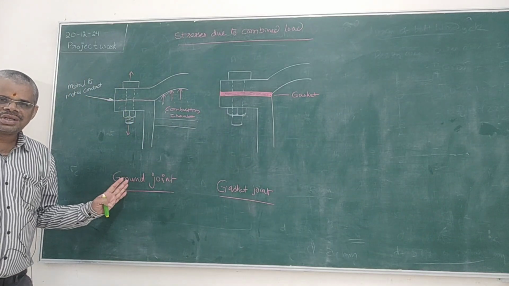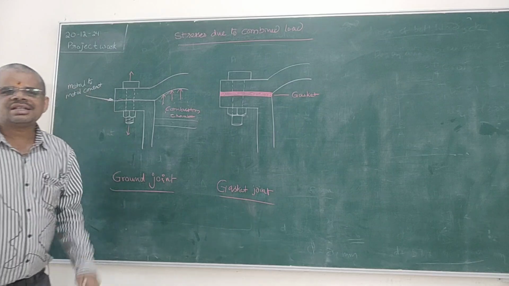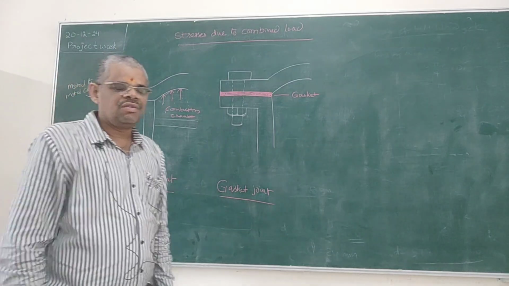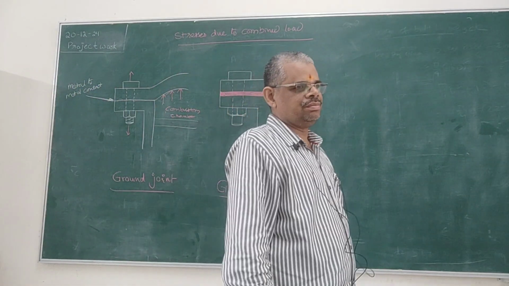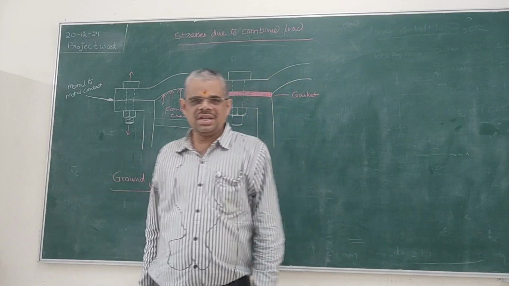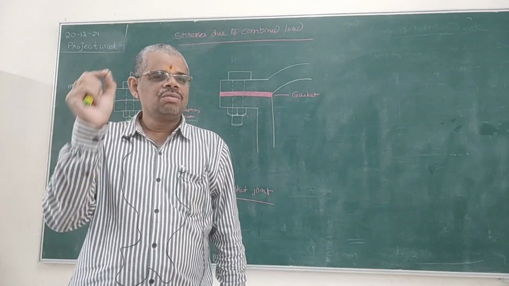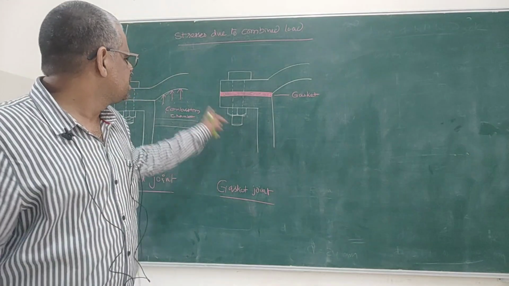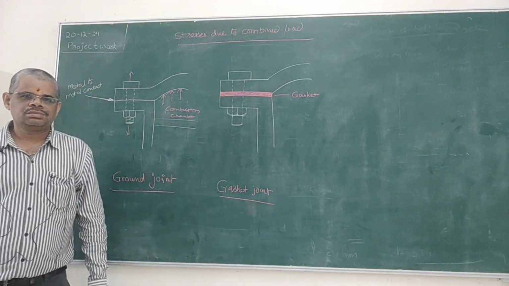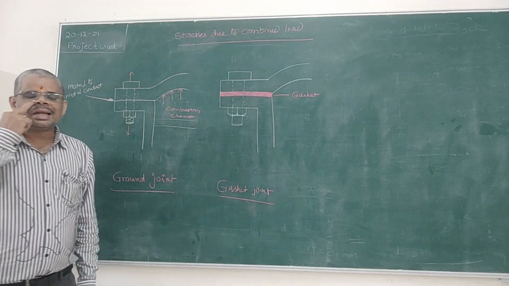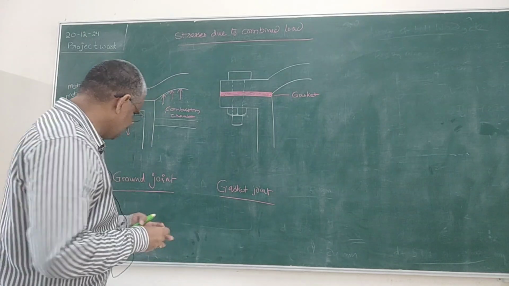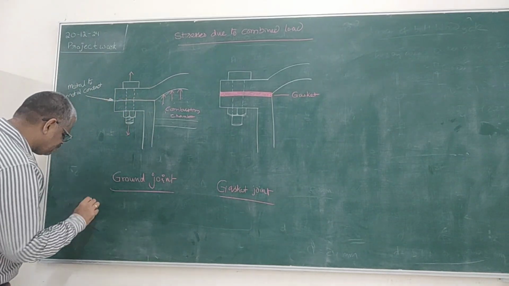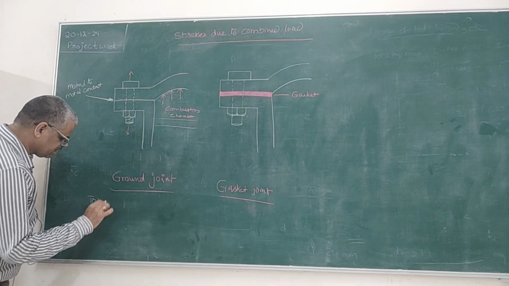Is it right? Now while designing the bolts for this type of joint, you must consider both the loads, due to initial tightening as well as the external loads. So you have to calculate the total load. The total load can be calculated by this formula.